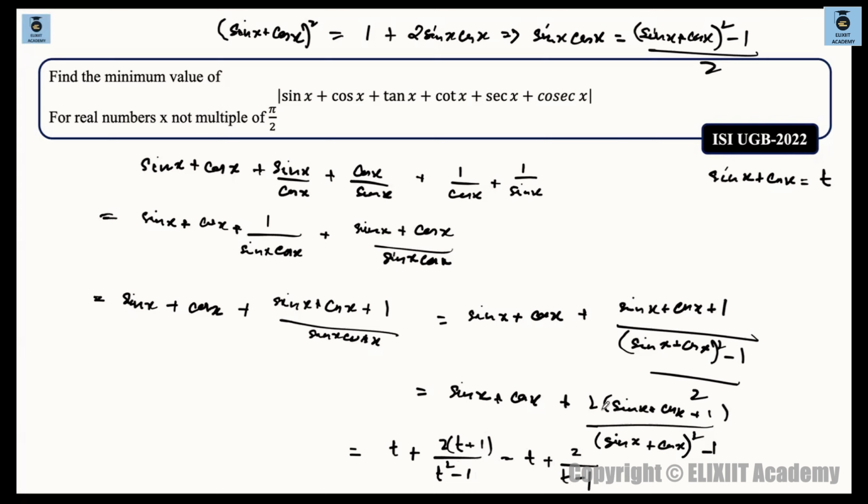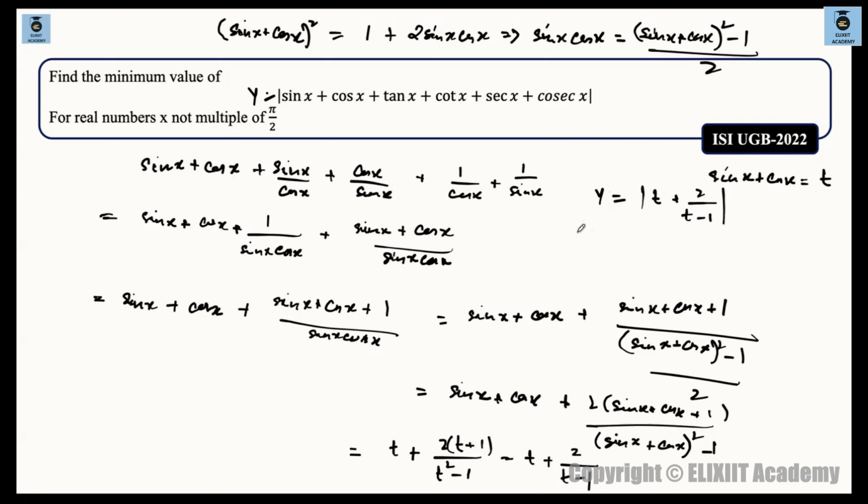Now they have given modulus. So our expression, y वगैरह कुछ मान लो, तो y now simplifies to y is equal to mod of t plus 2 upon t minus 1. ओके, तो बाय दिस थिंग ओनली यू आर हैविंग अ फीलिंग ऑफ AMGM.